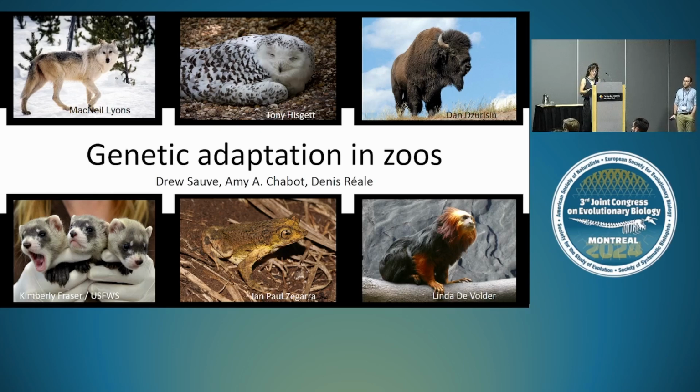And so our first speaker is Jarrod Sauve, who's currently a postdoc at the Université du Québec in Montreal. And he's interested in human-affected wildlife populations and is currently working on studying evolution and phenotypic change in conservation breeding programs. So happy to turn the floor over to you, Jarrod.